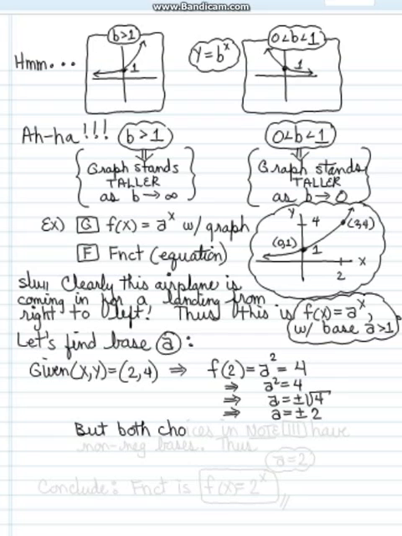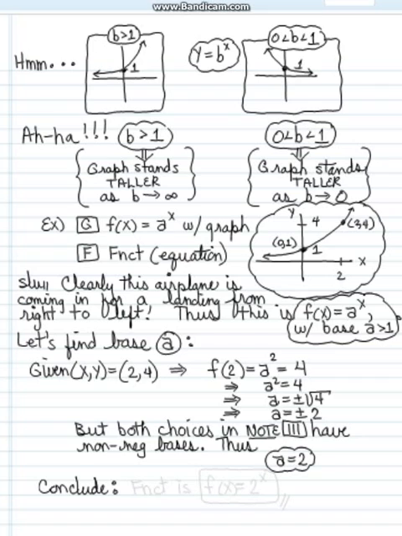But both of the choices have non-negative bases. In other words, you cannot have a negative base. You throw away the negative answer for a because you cannot have a negative base for these functions. So a is just equal to the positive 2. And the conclusion, therefore, is that our function, f of x, is equal to base 2 raised to the x power. And we're finished.